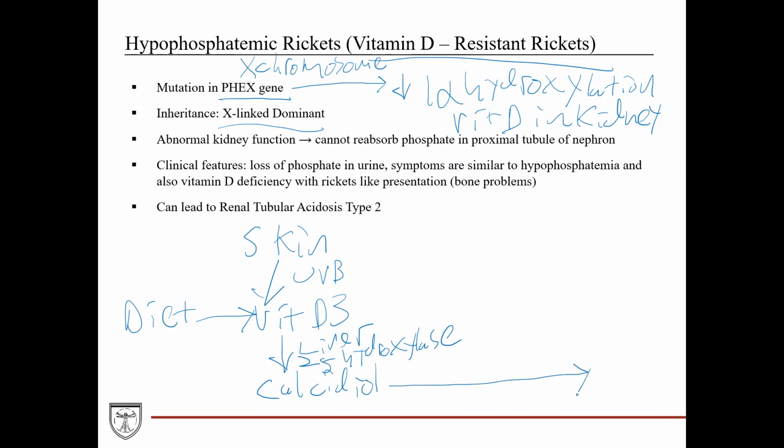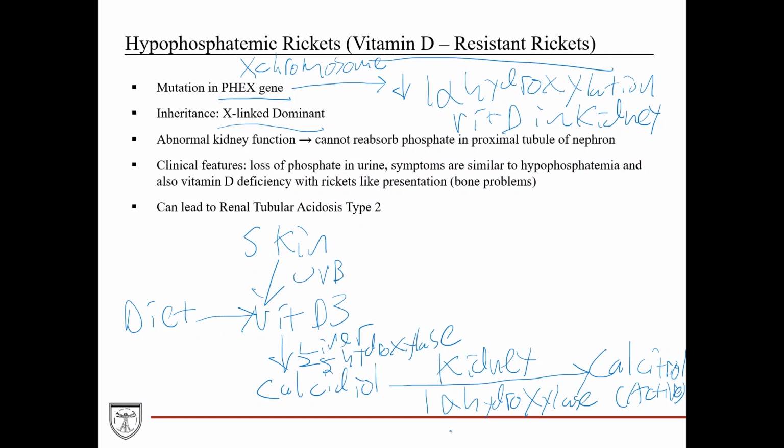Calcidiol then undergoes further hydroxylation in the kidney, which is where this comes in, by 1-alpha hydroxylase, and that gives you calcitriol, which is the active form of vitamin D.